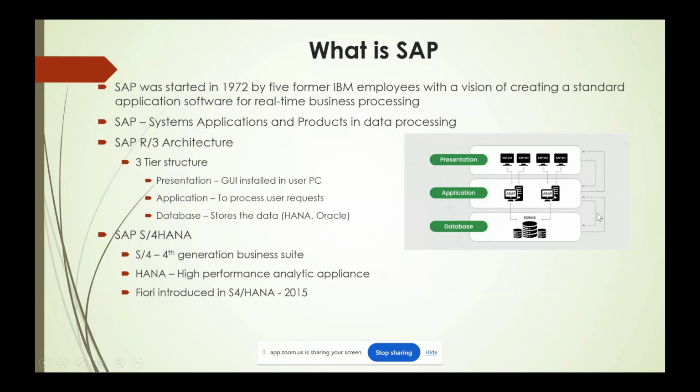So now you know what SAP is. SAP is software which manages your business processes, the entire business process, and it integrates with all the other modules inside SAP. Over a period of time, SAP has evolved a lot.